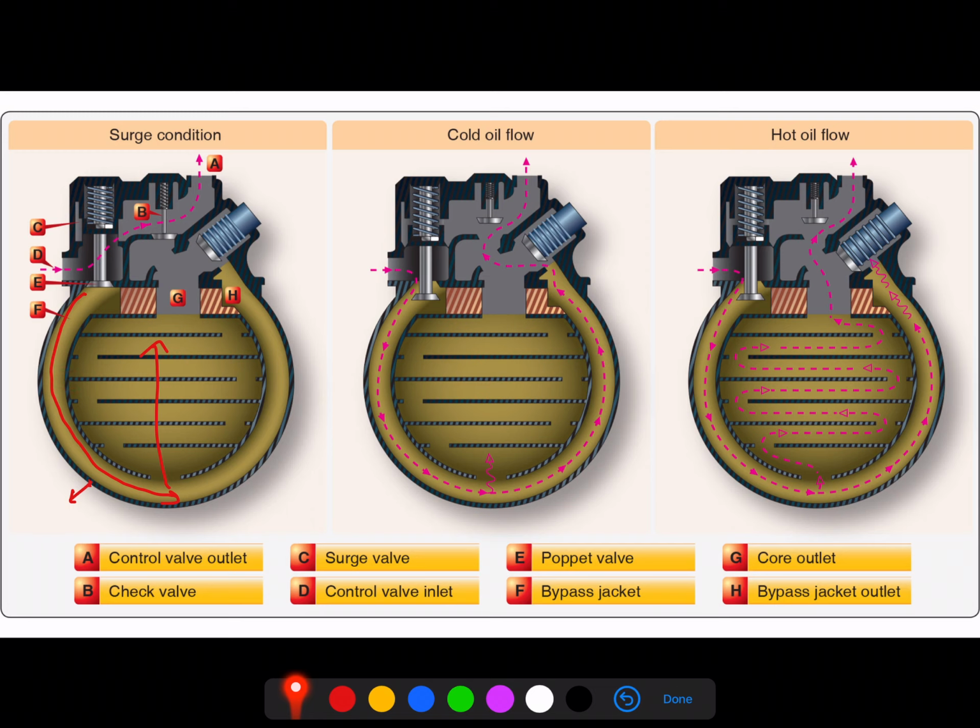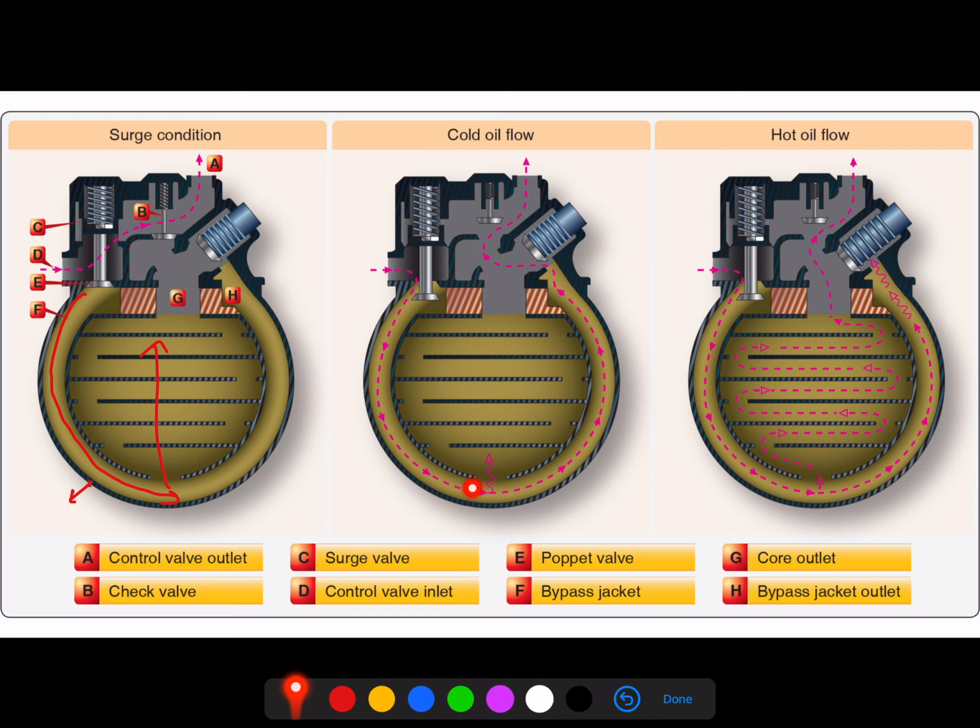As the oil starts to heat up from that surge condition, we start to relieve some of the pressure on that spring, which thereby seals off this additional passage and now allows this poppet valve to open. Now, the key thing to remember is the oil has not become warm enough to reach operating temperatures yet. We are in a cold oil flow pattern, which again, if you follow this pink dotted line, shows that the majority of our oil is flowing through this bypass jacket and past our temperature control valve.